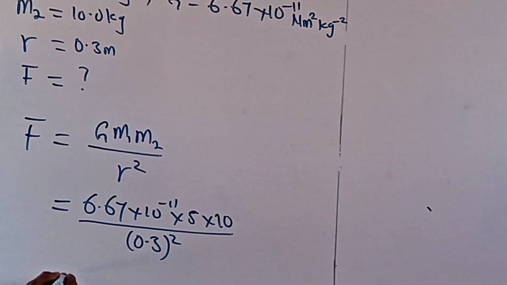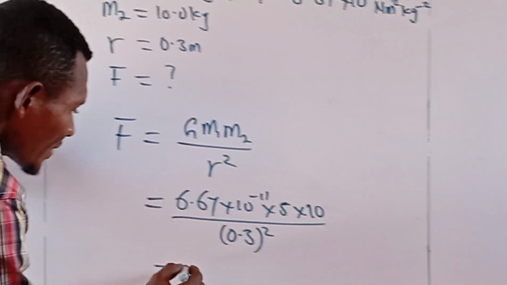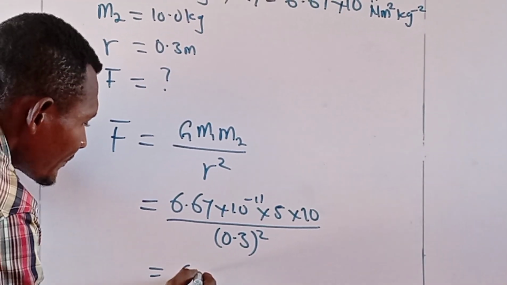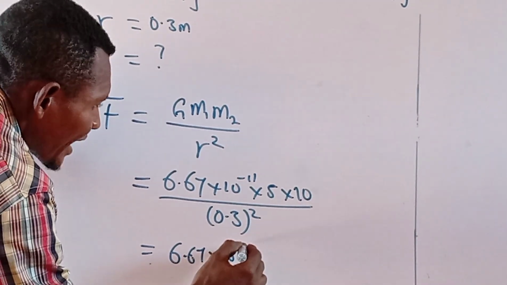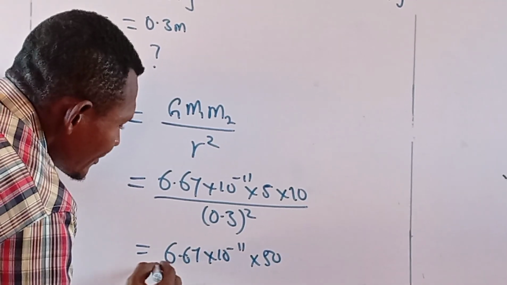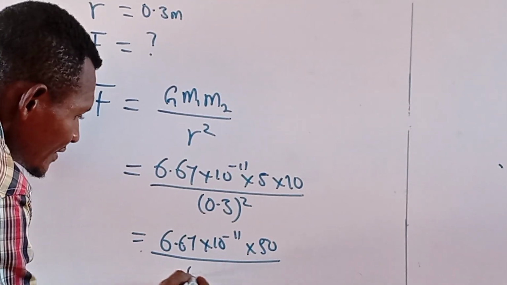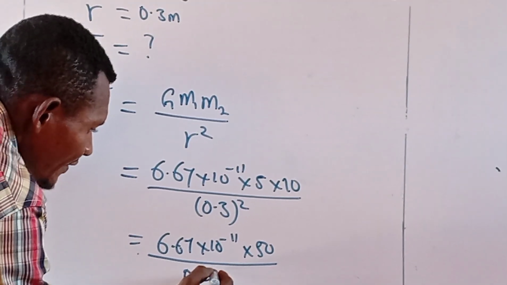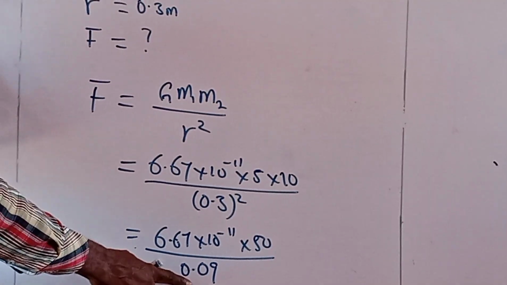Don't forget to square it. Now, we have 5 times 10 is 50. So we have 6.67 times 10 to the power minus 11 times 50 divided by 0.3 squared, which will give us 0.09. When you square this, you are going to have this.